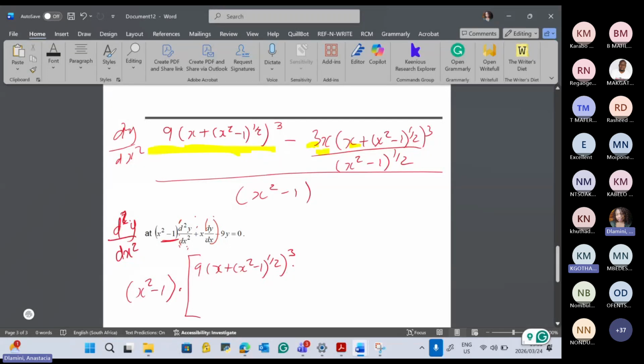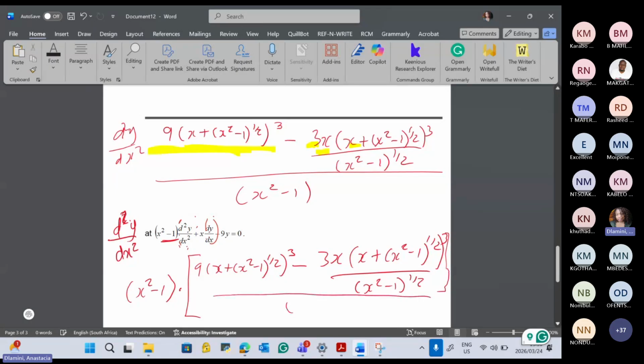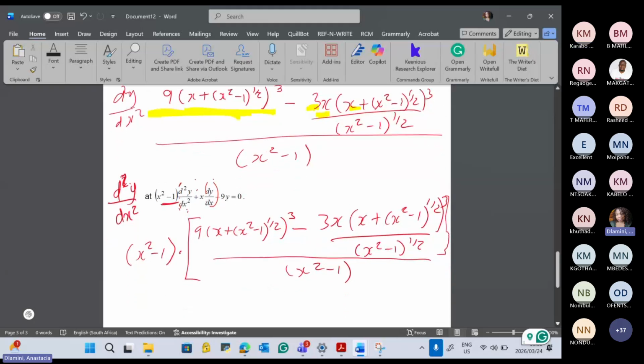Minus 3x times x plus x squared minus 1 to the power of half, to the power of 3, over x squared minus 1 to the power of half. The whole thing divided by x squared minus 1. Do you see that this x squared cancels that x squared?